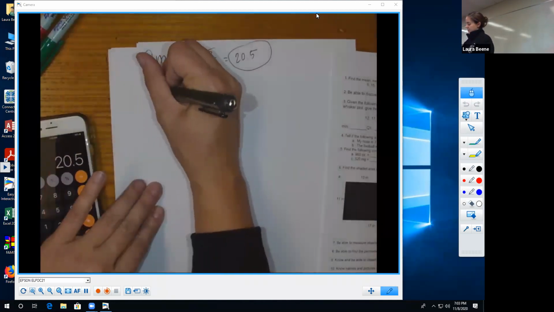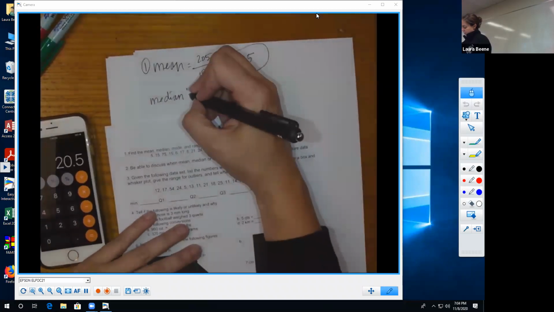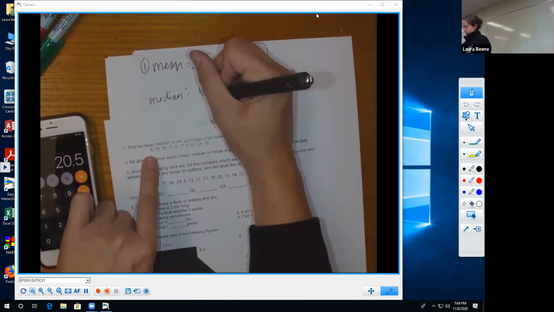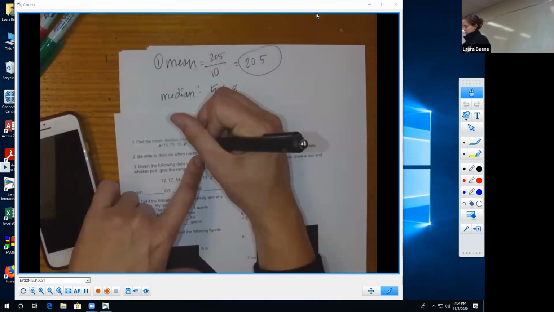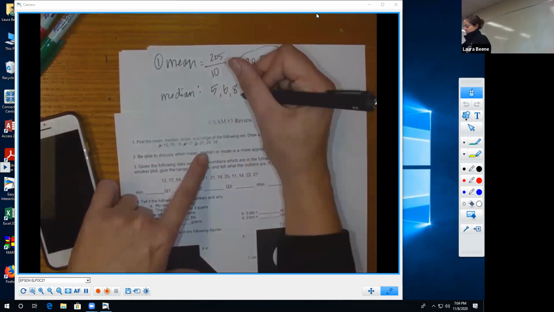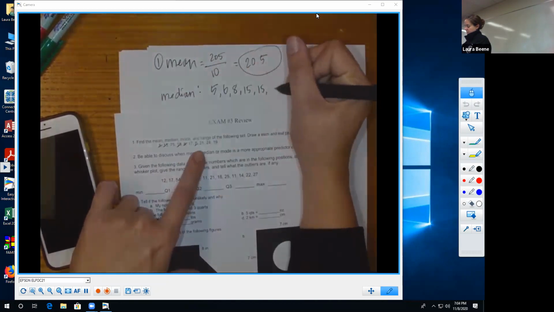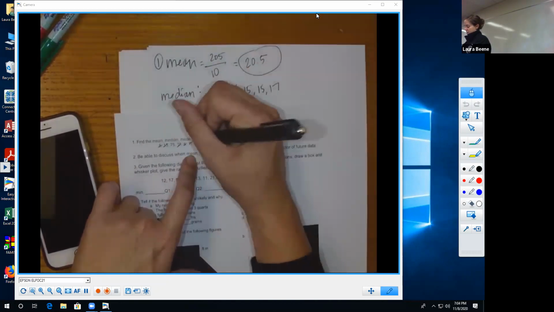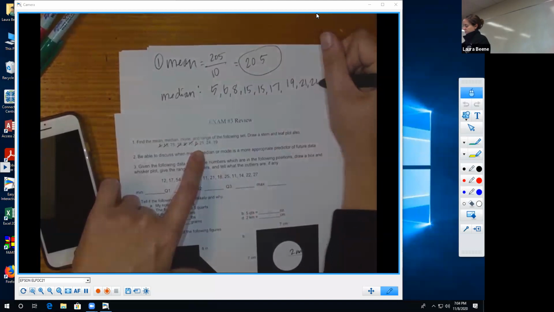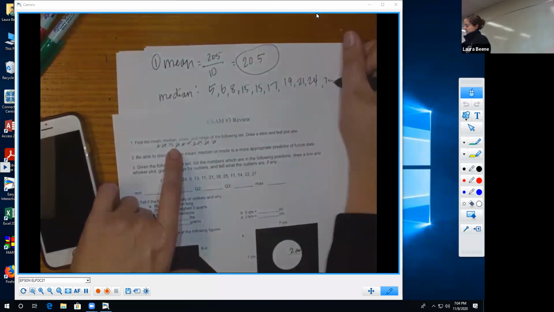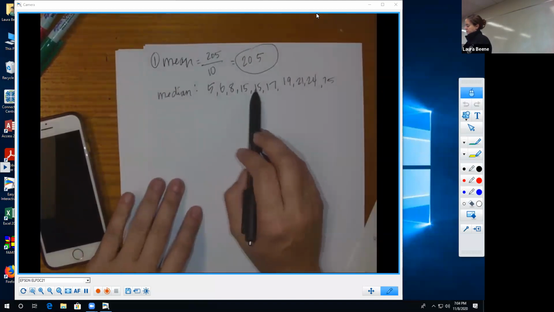For the median, you have to put them in order from least to greatest. So let's see. The smallest one is 5, and then 6, and then 8, and then 2 15s, and then a 17, a 19, 21, 24, and 75. 1, 2, 3, 4, 5, 6, 7, 8, 9, 10.